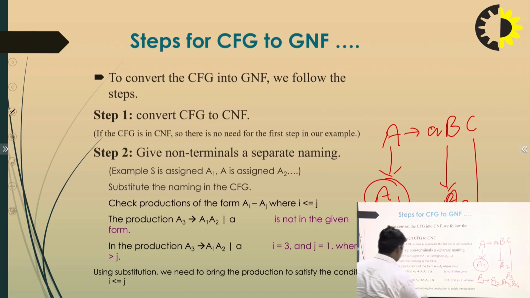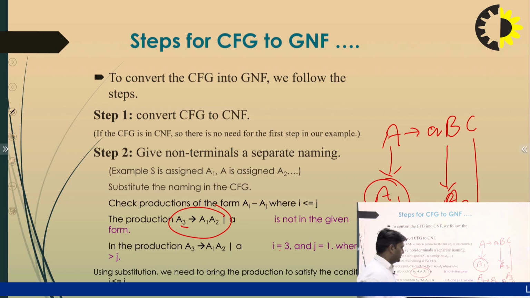But if the form is A3 implies A1 A2, here i equals 3 and j equals 1, where i is greater than j, and it should be less than or equal to j.